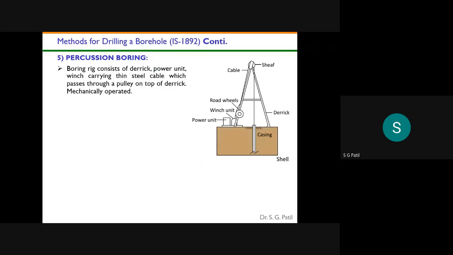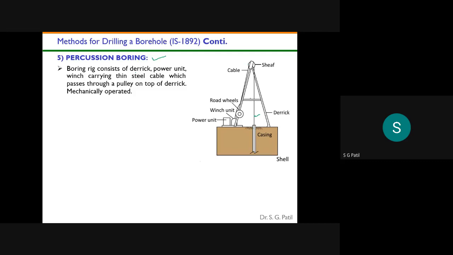The next type of boring is the percussion boring. So what is the percussion boring? The boring rig consists of a derrick, power unit, and winch, carrying a thin steel cable which passes through a pulley on top of the derrick, mechanically operated. You see this is the hole, this is the cable, and this is the pulley.